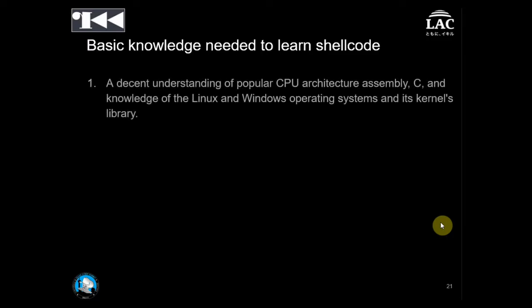The basic knowledge needed to learn about shellcode is an understanding of the CPU architecture and assembly language, also C, and knowledge about the kernels, how they work, and what kind of functions in the kernel can be executed directly or indirectly, and if indirectly, how they can be executed, and what kind of things actually prevent us from executing something in the kernel and so on.